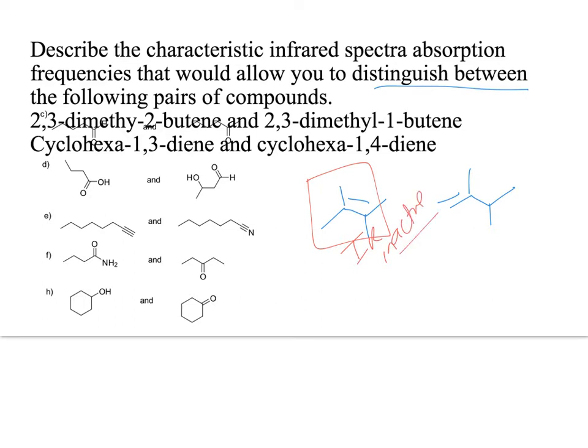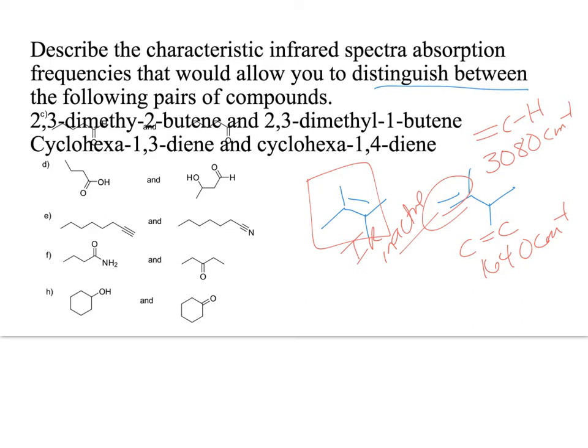There's really no dipole moment there. This compound here, you're going to see the carbon hydrogen, and that should show up around 3080 centimeters. And then of course you'll see the carbon-carbon double bond, and that'll be around 1640 reciprocal centimeters, wave numbers.